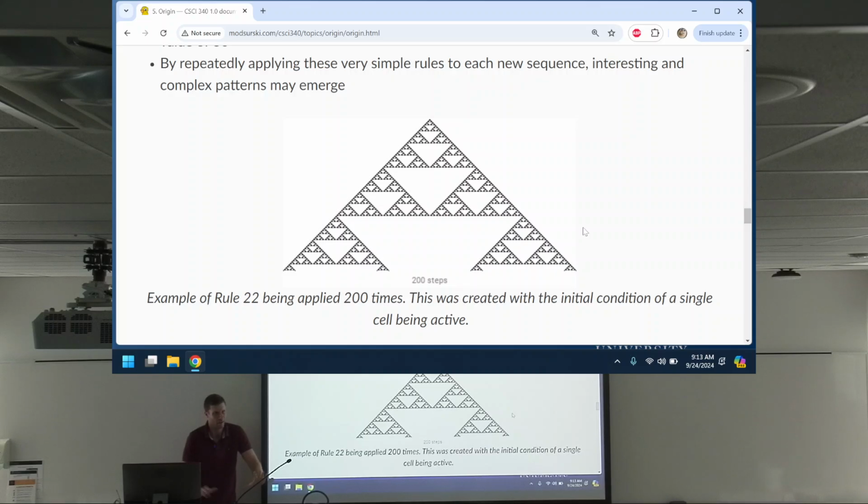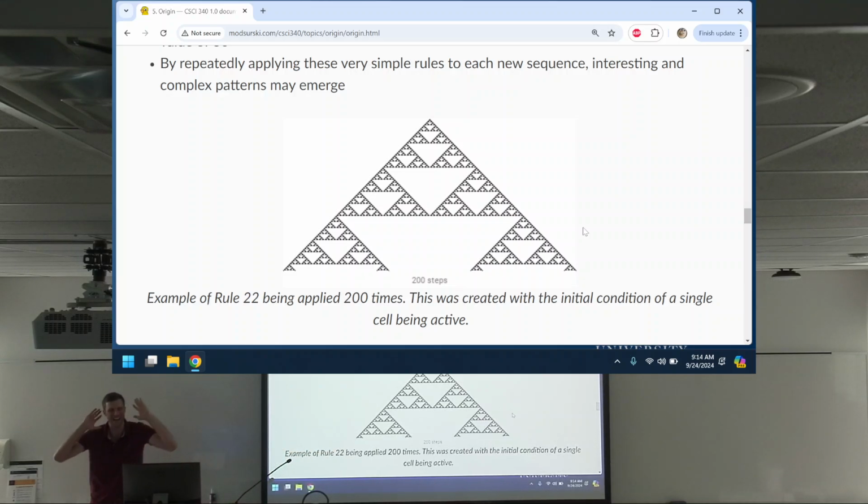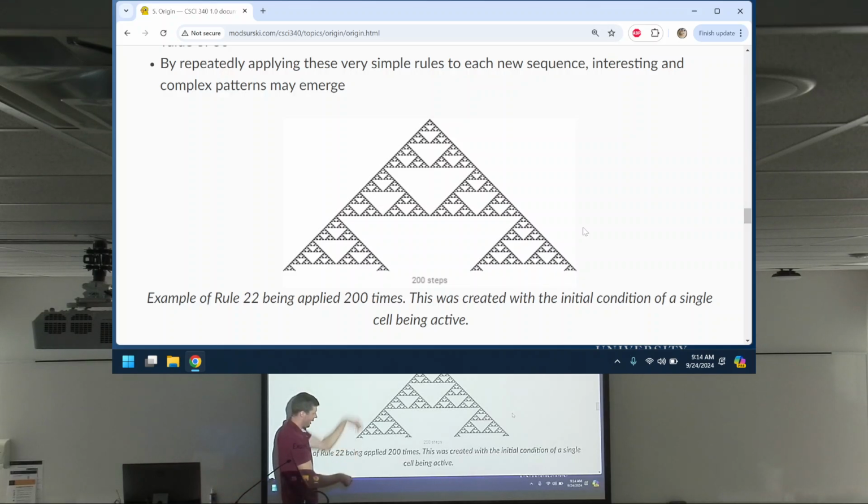wait for it, if you scale out, so not only does it go on forever this way, as you scale out and scale in, the pattern repeats as well. It's wild. The pattern repeats forever this way, and if you zoom out, the pattern repeats forever too.